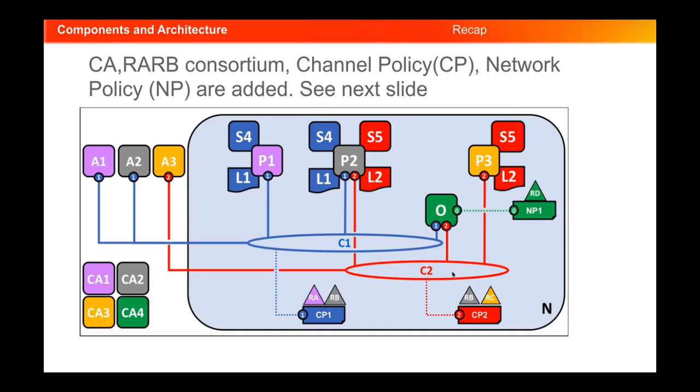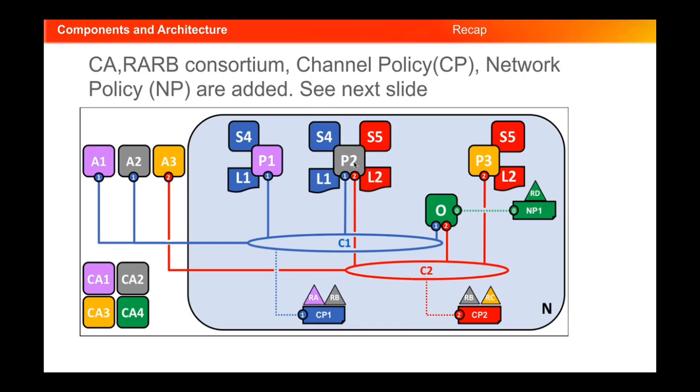As you can see, the smart contracts have been deployed on channel 1, which is smart contract 4 and smart contract 5, on PO1 and PO2 respectively. As part of channel 2, on PO2 and PO3, we have smart contract 5, which is deployed on channel C2.